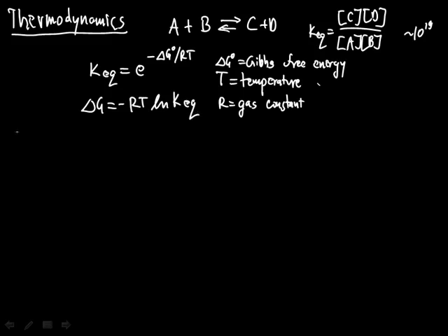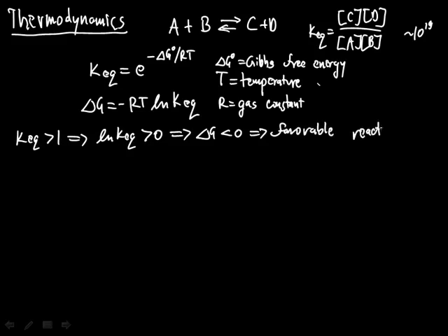Now in cases where K_eq is larger than 1, ln of K_eq is going to be larger than 0, which means that the delta G will be lower than 0, which means that the reaction is favorable.